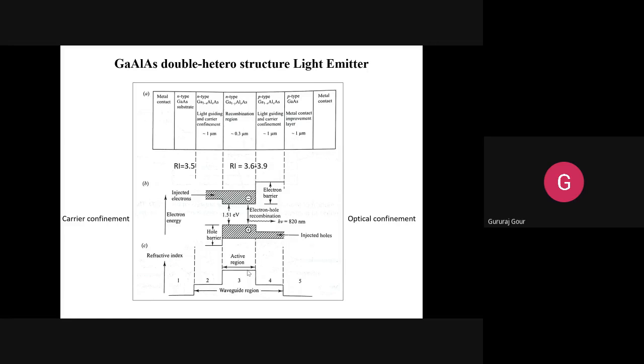So whatever light is generated in the active region, that is the core, will be coupled to the core without any loss. How it will be inserted, we'll see later. That's why you can see its width is very low, 0.3 micrometer, compared to the remaining regions.